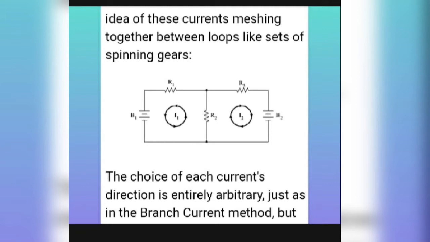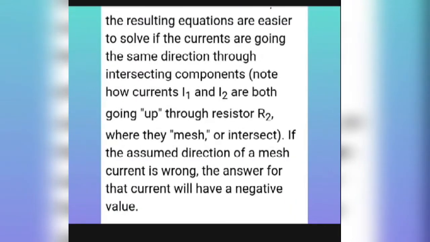The choice of each current's direction is entirely arbitrary, just as in the branch current method, but the resulting equations are easy to solve if the currents are going the same direction through the intersecting components.